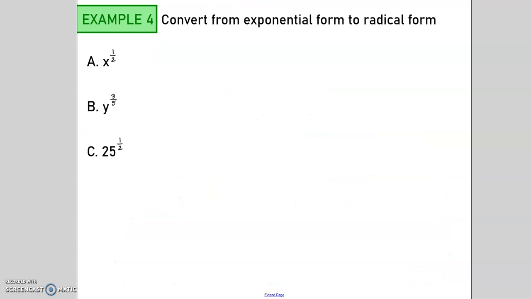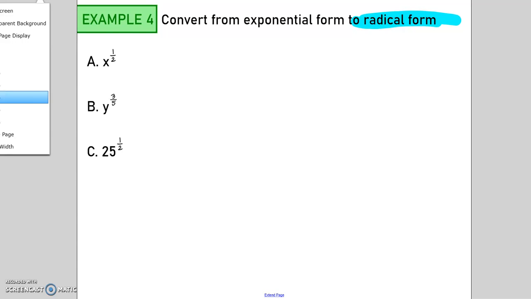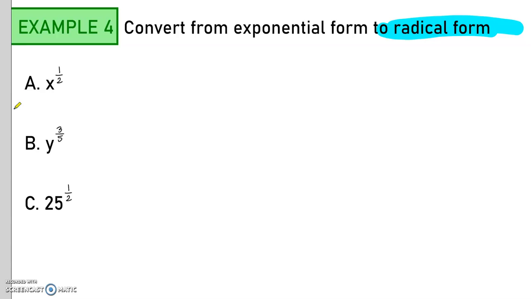Okay, here we want to convert from exponential form. Notice A, B, and C, they all have exponents, but I want to write these all in radical form, okay? So let's do this first one. Let's see if I can make this a little bit bigger for us. Yeah. Okay, the first one, x to the 1/2.